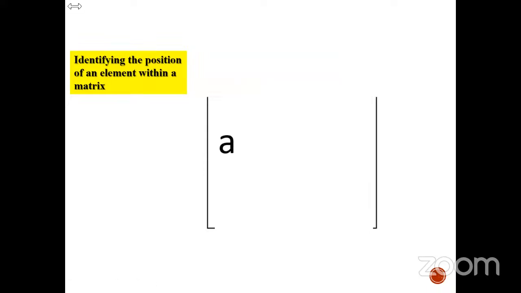Now, when we look at a matrix, all the numbers, because a matrix can consist of numbers and letters, each of these numbers and letters is referred to as an element, and each element has its specific position based on where it is located.